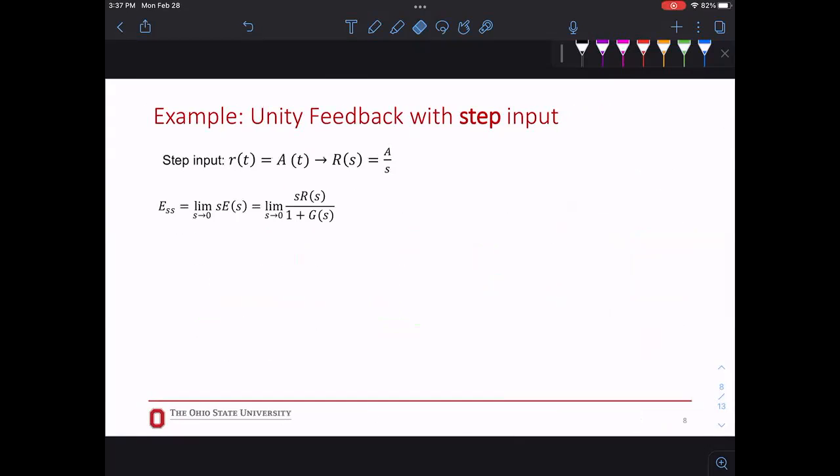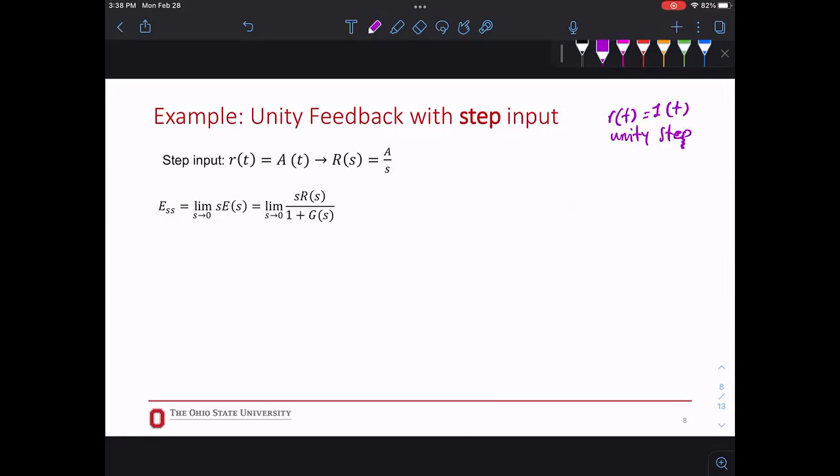So R of t is 1(t) for a unity step input, right? And then I want to know what is my steady state error. So for step input, if I have R(t) is 1(t), this means that's a unity step. You say unity when this value is literally 1.